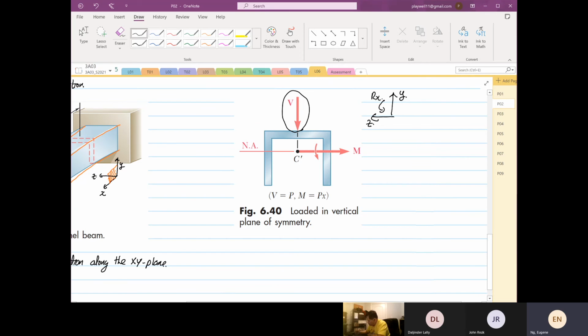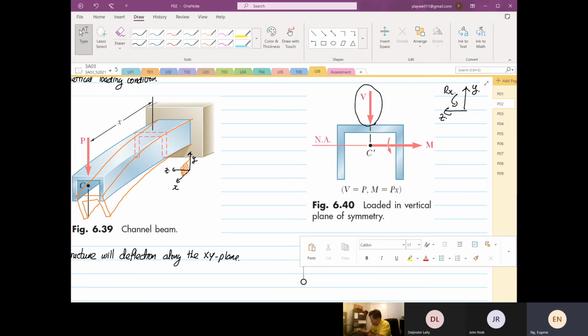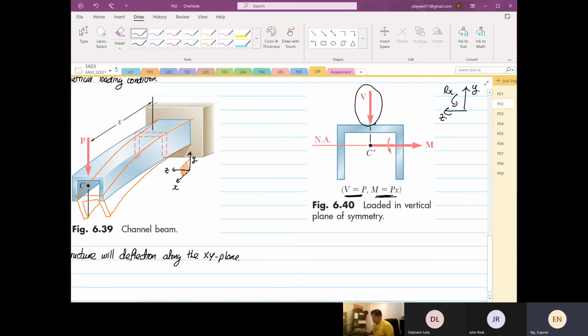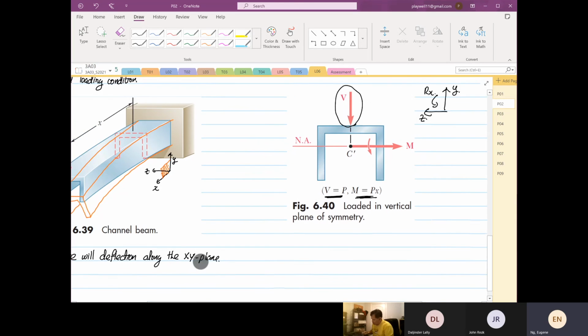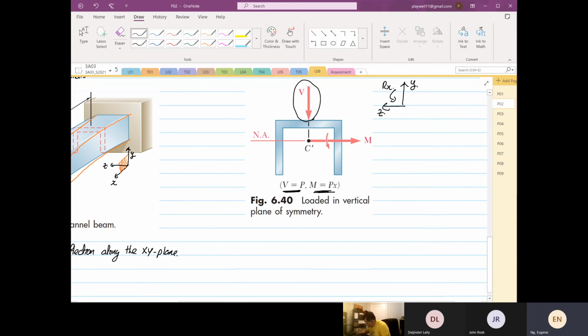We have a moment which is equal to P times a certain distance X, and a shear flow V, which is equal to P. The most important thing, if I draw an axis over here, is that the left hand side is equal to the right hand side in terms of geometry.